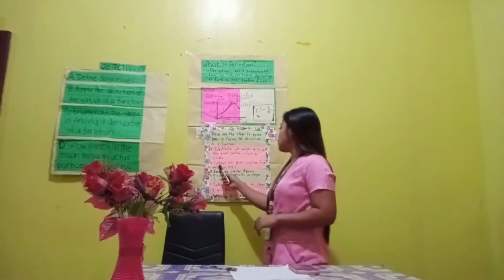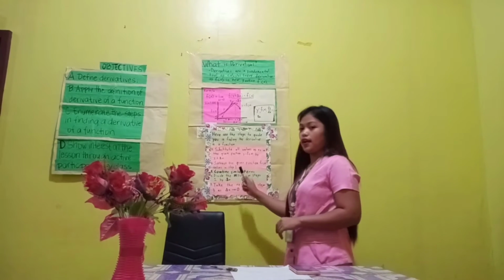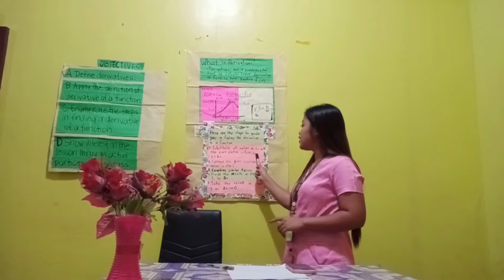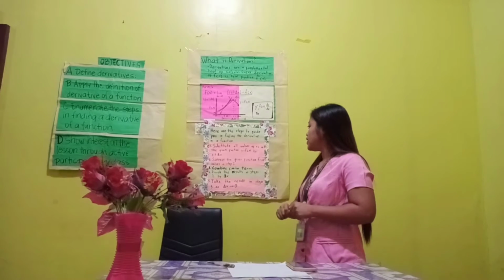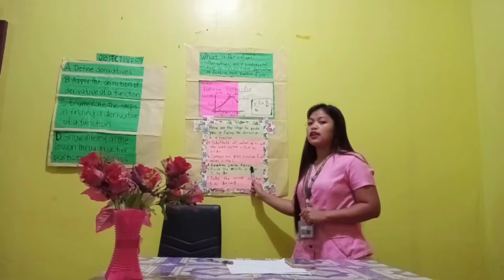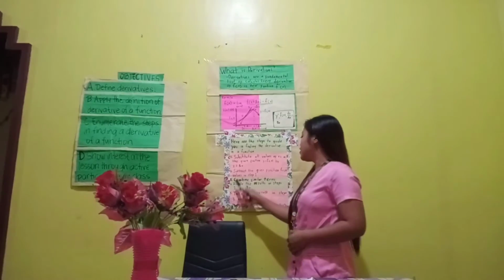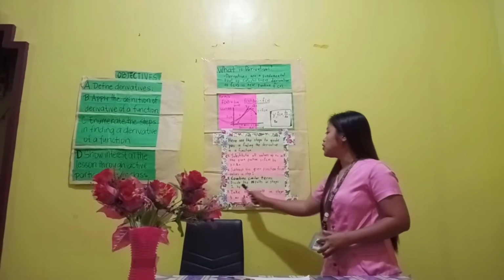Second, subtract the given function from the values in step 1. Third, combine similar terms. Fourth, divide the result in step 3 by delta x.